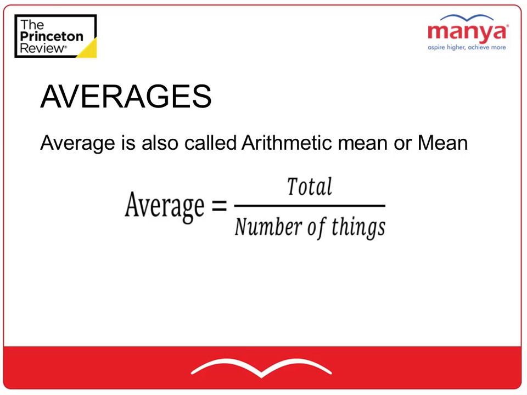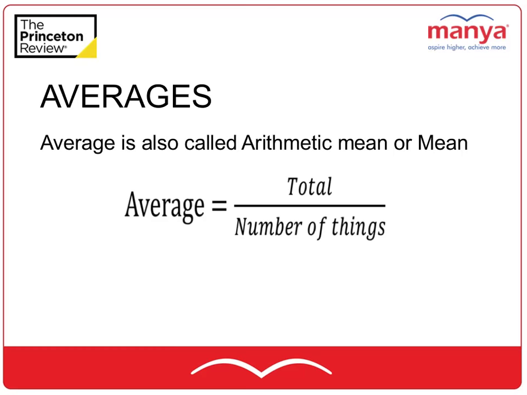In the same way, if I know the average and the total, how can I get the number of things? Total by average will give me the number of things. In the same way, we can get all the required information. It is just a simple one.